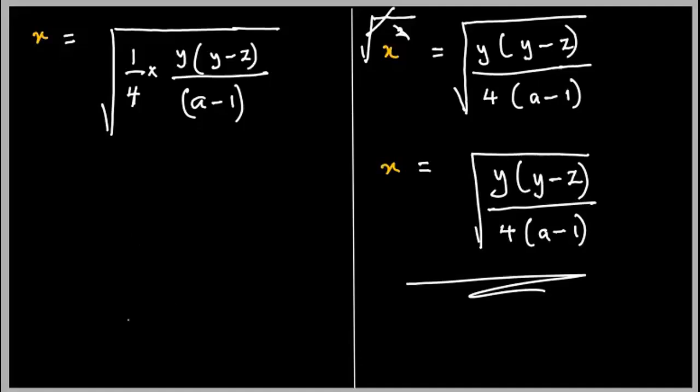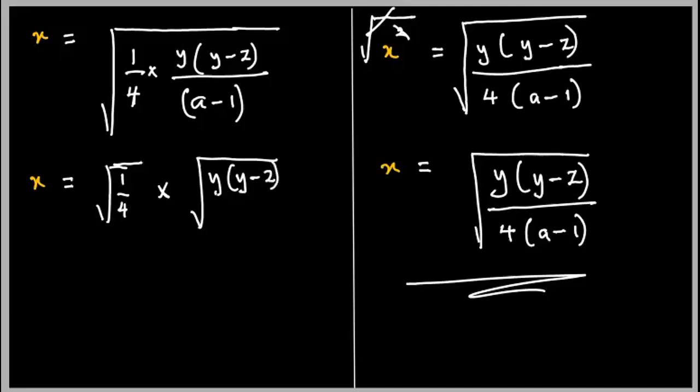Now what else can we do here? I can split this, by saying that this simply means the square root of 1 over 4 times the square root of y brackets y minus z all over a minus 1.